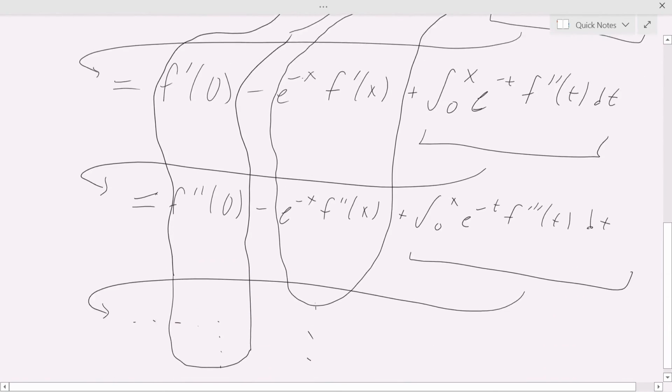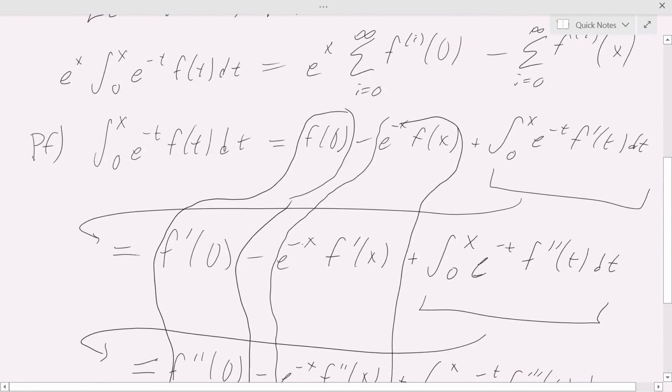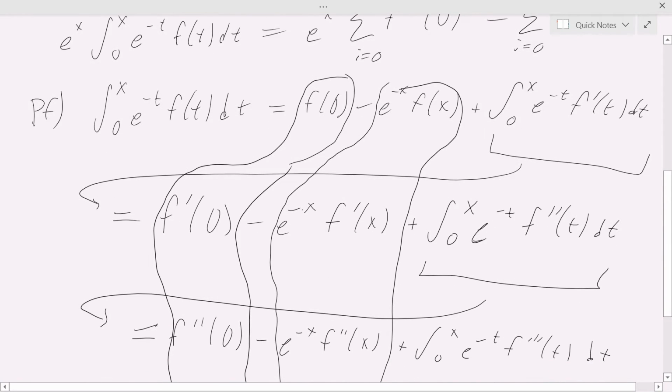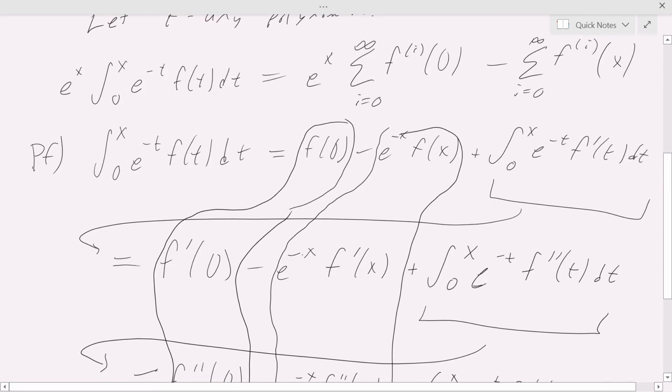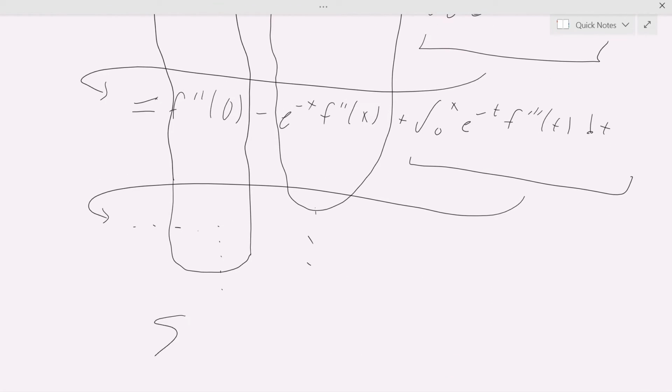So in total, what we have is the sum of all that, from f of 0, f prime of 0, f double prime of 0, all those things. You see that we can rewrite that. That is equal to the infinite sum, i equals 0 to infinity, of all the derivatives evaluated at 0. And again, that's because at some point we're just adding zeros, because at some point the derivatives of f vanish.